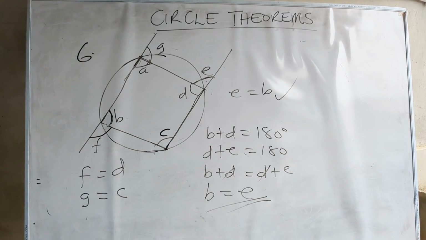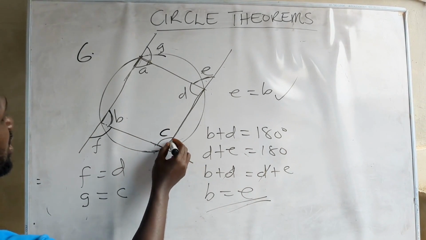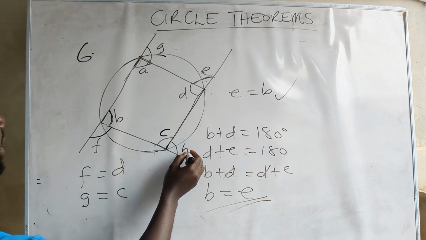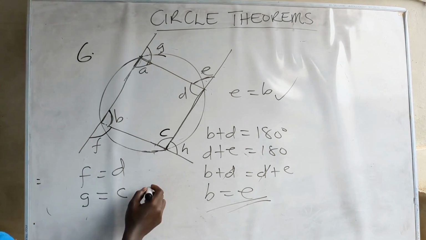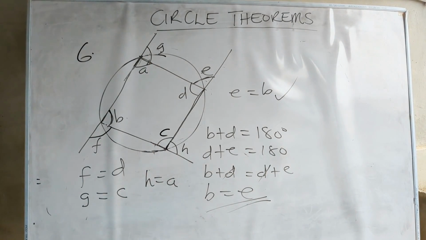Is that okay? I believe you get it. Let's say I extend this and I call it H. The exterior angle here is equal to the opposite interior angle, so my H is going to be equal to the A. So that is about this one.